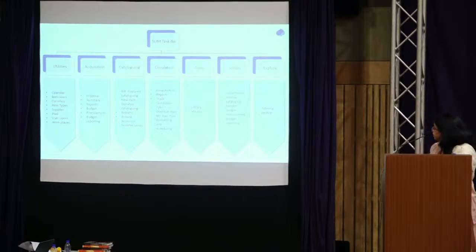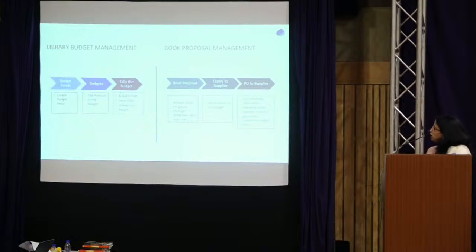Next slide, please. Now let's go to library budget management and book proposal management. Now you will understand why I have taken you through the SLIM taskbar. You can connect the dots in every slide of mine. Mainly, acquisition happens through the budget we get and whatever we had planned to add as books, and also through book proposal management.